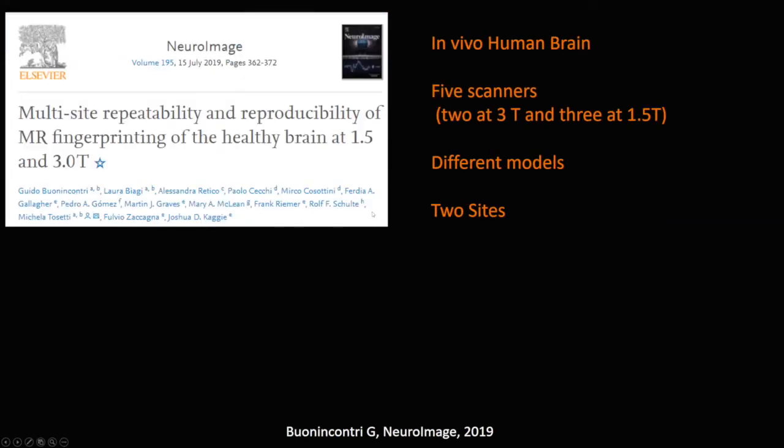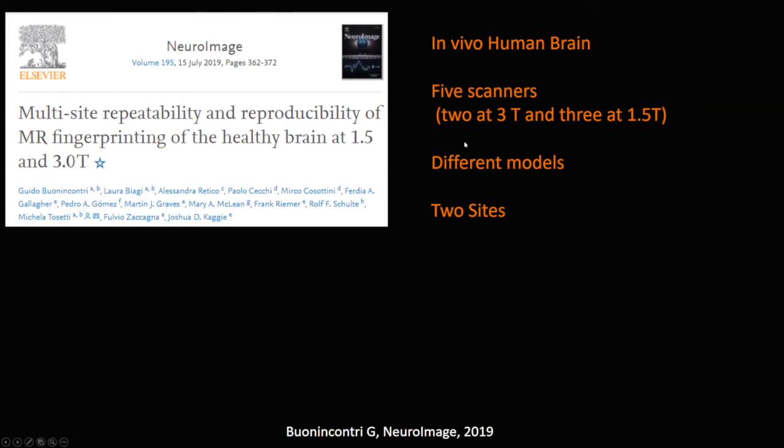Another study published in Neuroimaging, again, also repeatability and reproducibility, but I want to emphasize that this study was performed in a different vendor. So the repeatability and the reproducibility of MRF have been studied in 2 different vendors. So again, in vivo human brain, 5 different scanners.